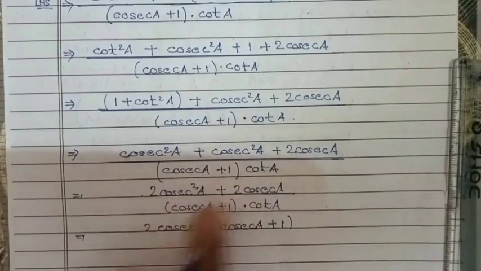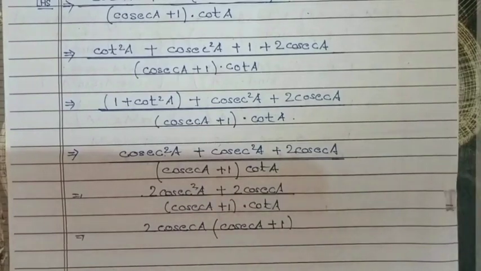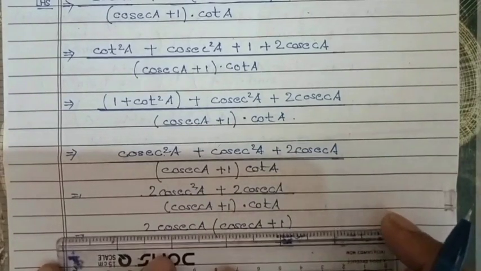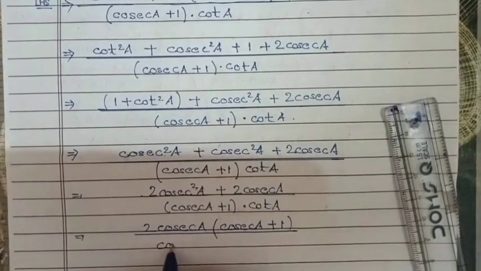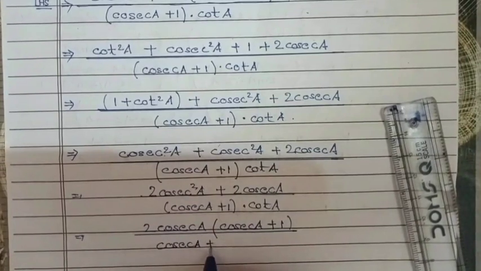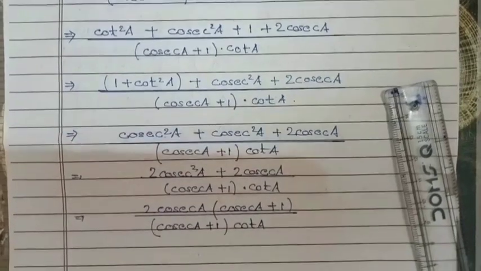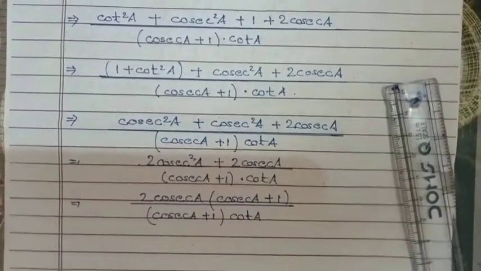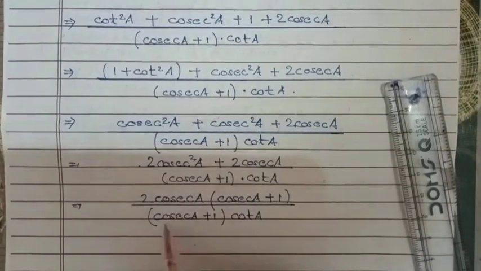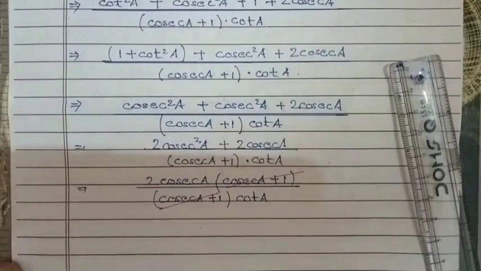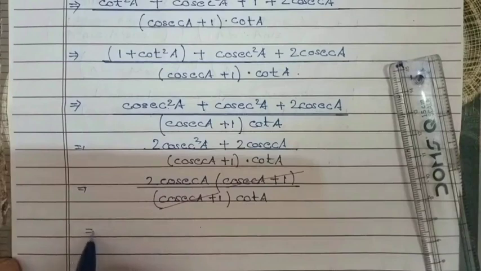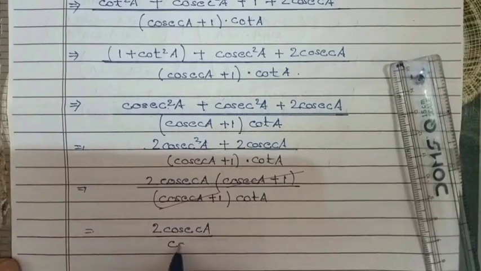See, we have taken twice cosec common, denominator remains as it is, cosec plus 1 into cot A. Now you can see in the numerator place and the denominator place, this cosec plus 1 will cancel out, so you are left with twice cosec upon cot.